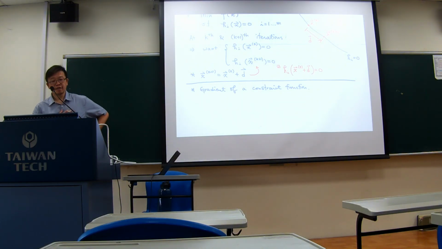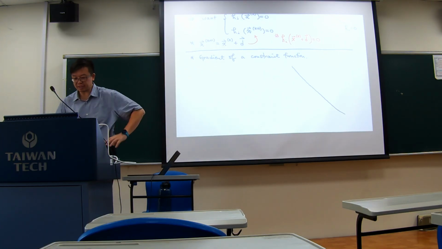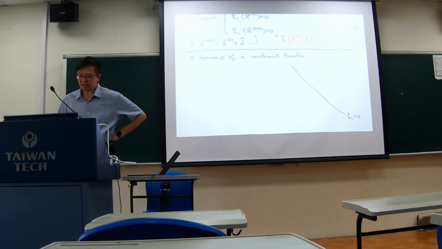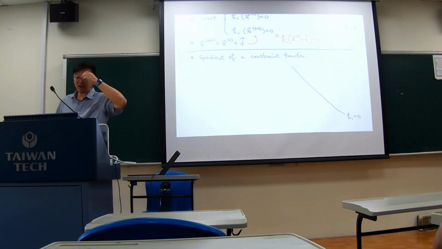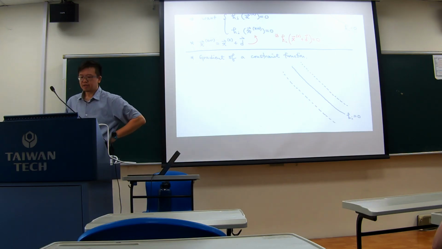If you again draw the curve in the design space, that's the location of that constraint function. And this is where your particular function has a function value equal to 0. So staying on this curve, your function value equals 0. And what if you make an offset, let's say, left or right?